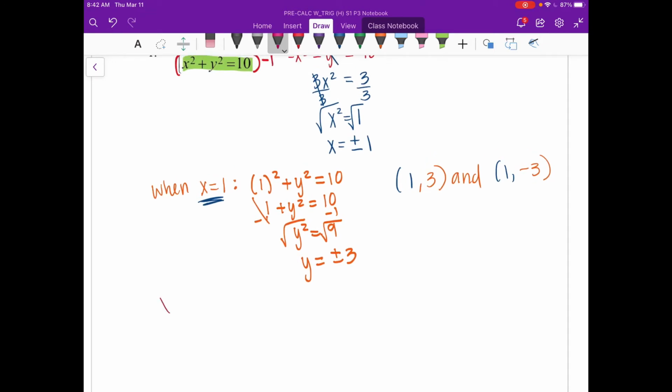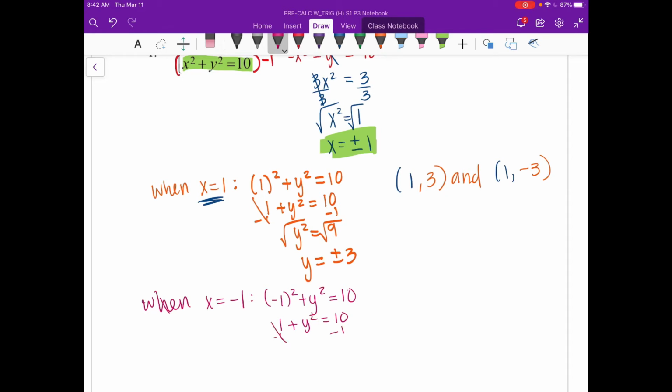Now we're going to check what happens when x equals -1, because we said x was plus or minus 1, so we got to check the positive and the negative version of it. So I have -1 squared plus y squared. I'm using that same equation, but putting in -1 this time. When I square -1, I get 1 plus y squared equals 10.